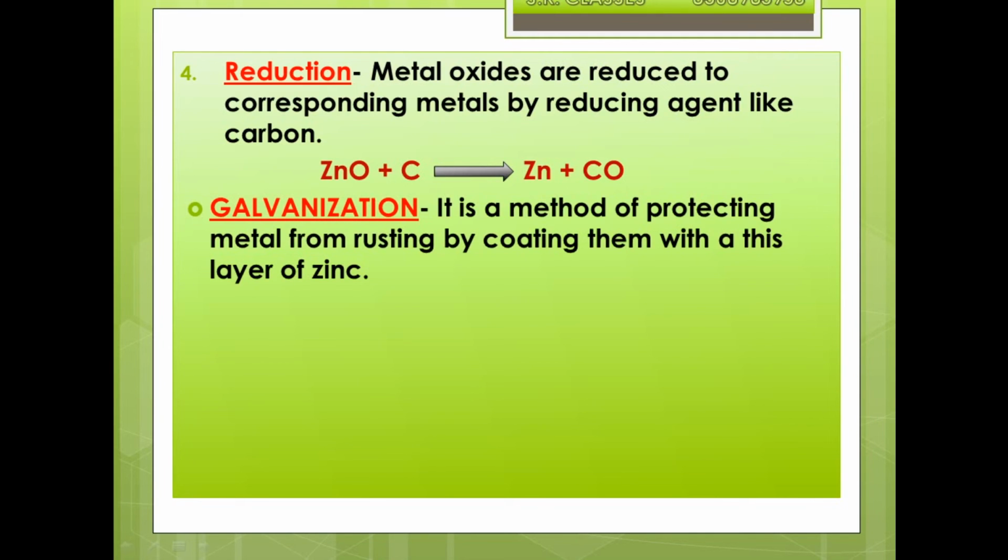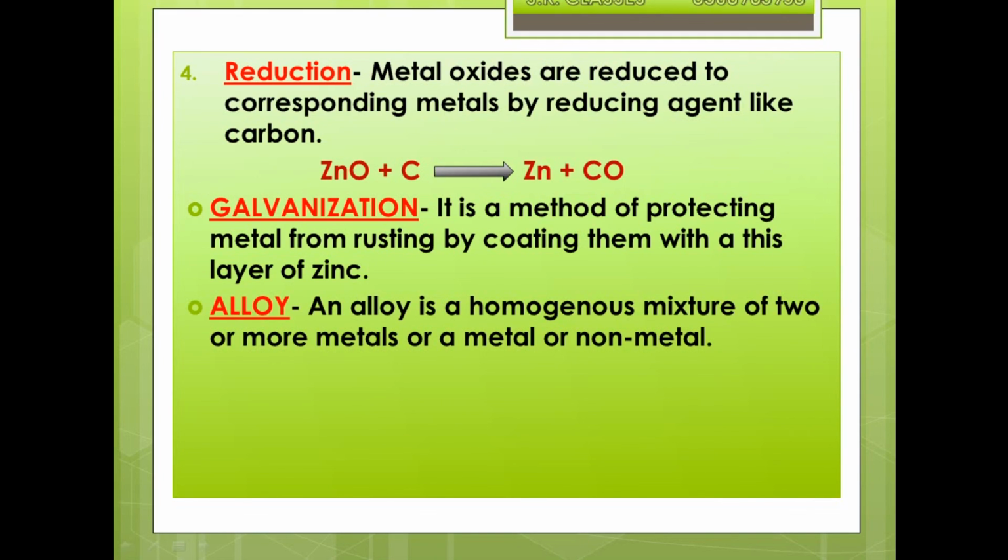And there are some other terms we have to discuss in this chapter, that is galvanization. It is a method of protecting metals from rusting by coating them with a thin layer of zinc. And fourth one, alloy. An alloy is a homogeneous mixture of two or more metals, or of a metal and non-metals, so that we can prevent a metal from corrosion.